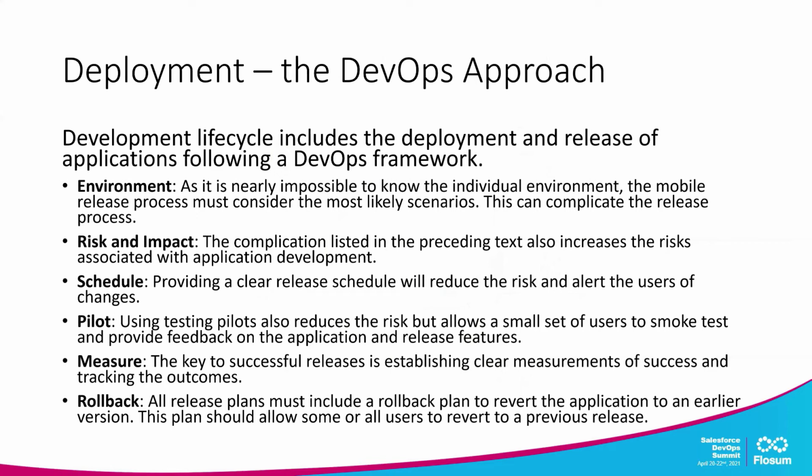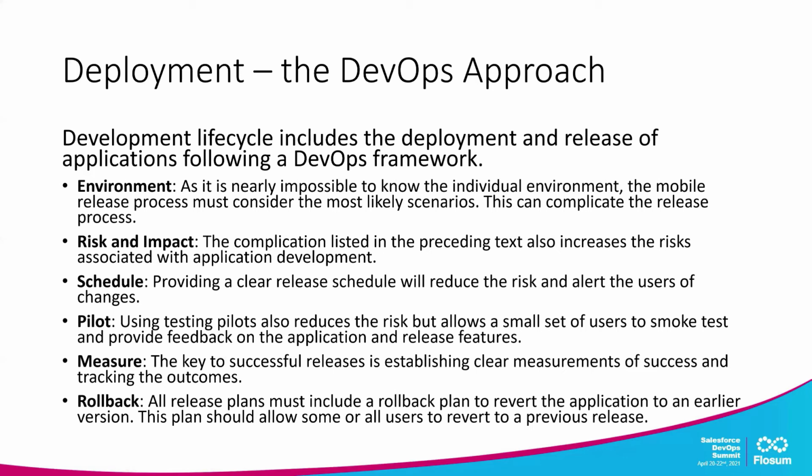And it's going to be very difficult for you to understand how that release process is going to impact the individual environment. If you're in a single org, that makes it easier, but in our world today, we're seeing a lot more multi-orgs. We're also seeing a lot of environments taking advantage of the various features such as scratch orgs that DX brings to bear. So understanding the environment and how your release and DevOps process is going to support that is extremely critical.